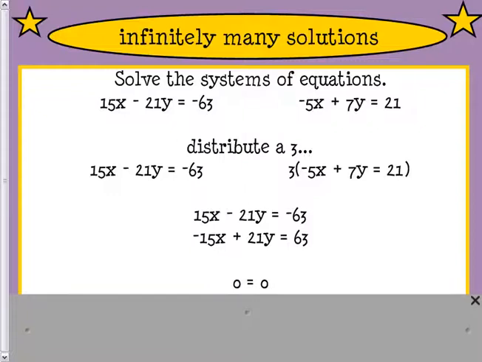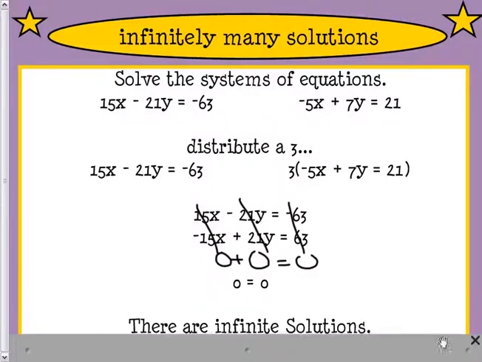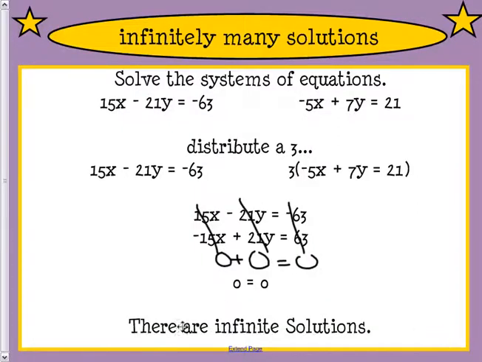And if I look in depth here, this side cancels out, this one cancels out, and this one cancels out. So if these are 0 and these are 0, I'm adding 0 plus 0, and this side is 0, then 0 equals 0, which, as we know, means that there are infinitely many solutions. It means that every single point will work.